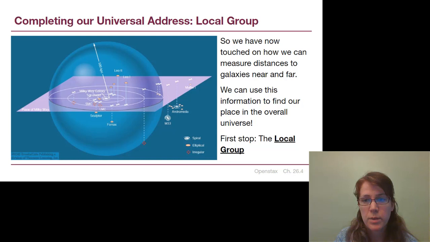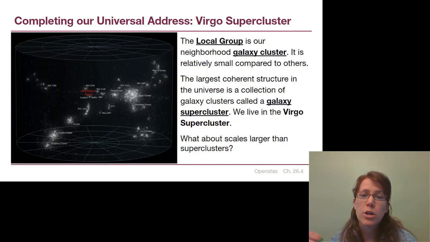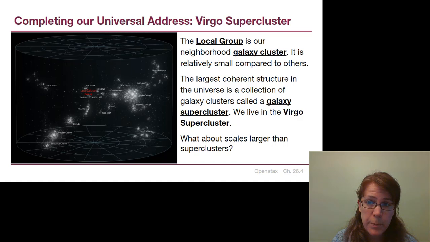If we go to larger scales, we start to understand that space is really, really big. The local group is the name of our galaxy cluster. So local group is the specific name of a structure called a galaxy cluster.